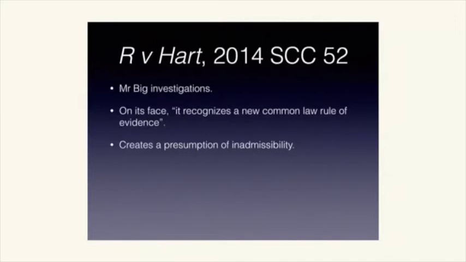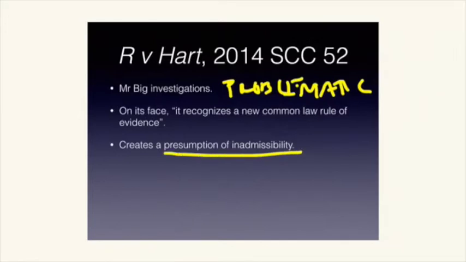So there were suspect aspects to this investigative technique, and there were concerns that it was producing wrongful confessions. So the Supreme Court examined this, and they said Mr. Big investigations are problematic. So how do we deal with these problematic investigations? On its face, it simply says this is a new special common law rule of evidence, which creates a presumption that confessions produced by Mr. Big investigations are inadmissible unless the Crown can prove that they should be admitted.